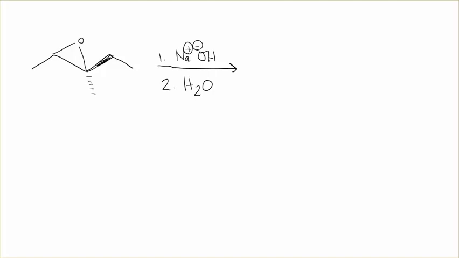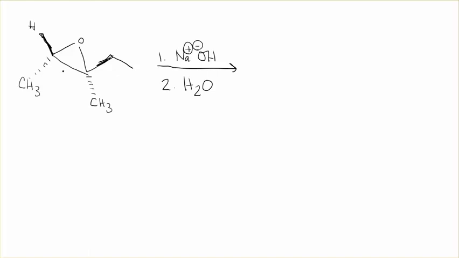Oh, I have to give you some stereochemistry here as well. I guess we'll make this coming out at us. That's the hydrogen. And we'll make the methyl group anyway. So just so we're really clear, we have a methyl group here and we have a methyl group here.